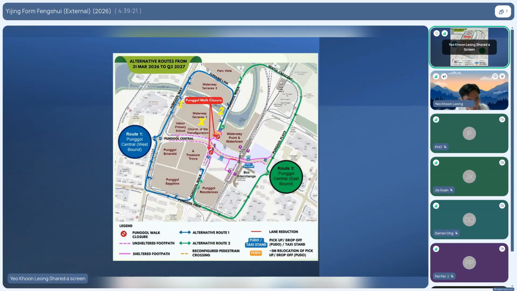But with the closure here, vehicles from Punggol Walk cannot go straight and turn left in, and vehicles cannot go from Punggol Central, turn left, then turn in. This is called cut off. Both paths are cut off, from Punggol Walk and from Punggol Central. So that means Water Terraces 1 will suffer this impact with regards to ingress 2.